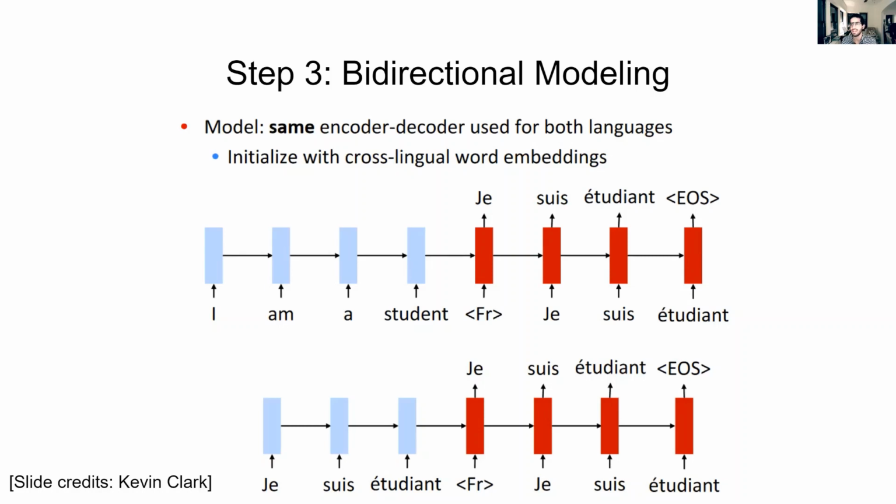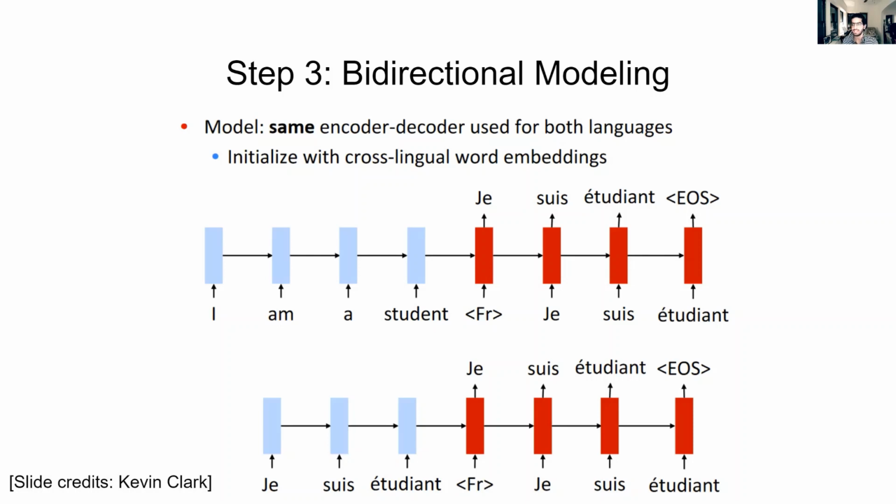So if you're translating from English to French, you specify a language tag at the beginning of the decoding to tell the decoder that it needs to translate into French, and if you are translating from French to English, you specify an EN tag at the beginning of the decoder to specify that you need to translate into English. So that's bidirectional model sharing.